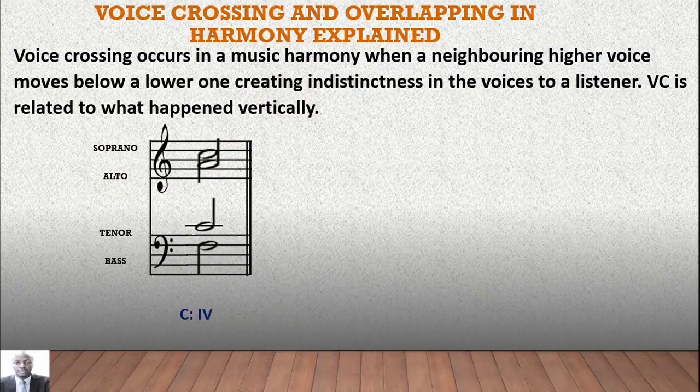Before now, I've told you that the arrangement of parts should be in the order of soprano being the highest voice, followed by alto, followed by tenor, and bass comes very deep, sounds very deep under them, right? It should be in that order. Voice crossing occurs in music harmony when a neighboring higher voice moves below a lower one, creating indistinctness in the voices to the listener.